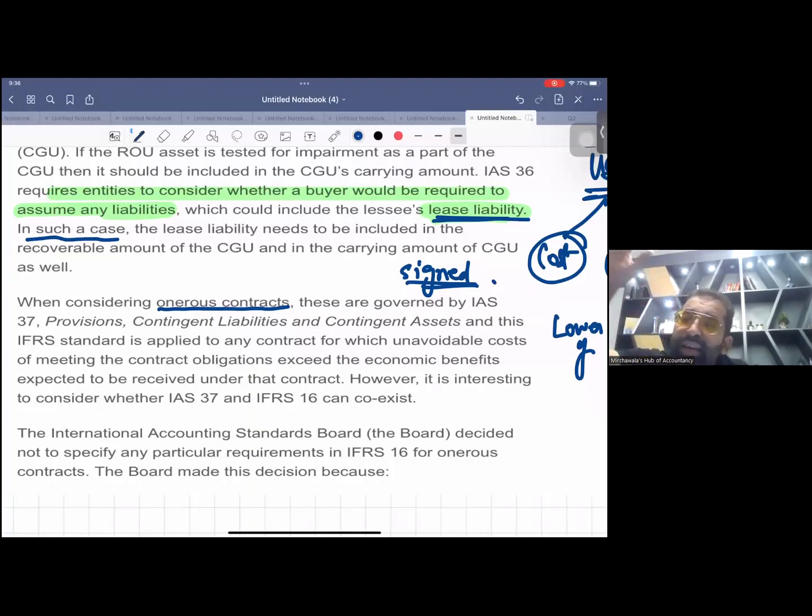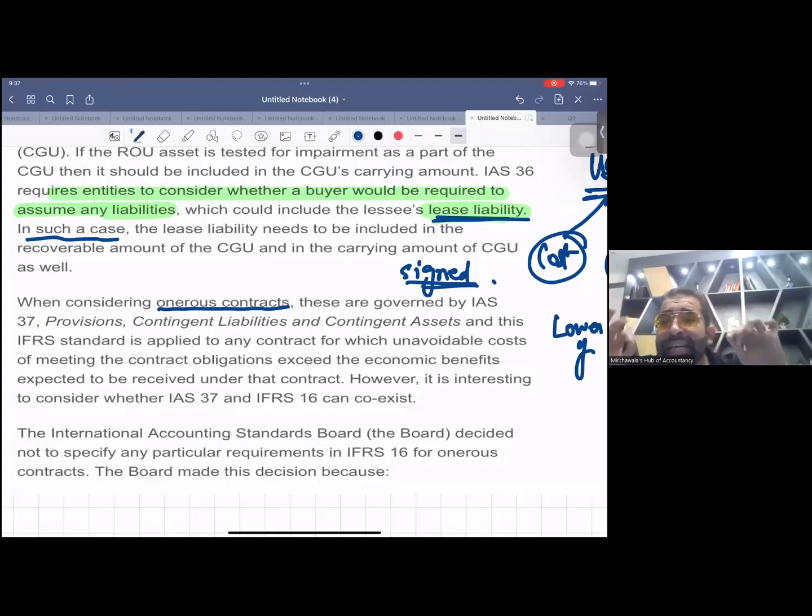We have taken a machine on a 2 year lease, and suddenly after a month or so, the government passes a law that this machine is now useless. You can't make any product from this machine; whatever product you are making from it is banned. So remember, I told you at that time, calculate the present value of the future rentals on one side, and on the other side keep the penalty amount and take the lower of. Okay, please listen. So this treatment was perfect.